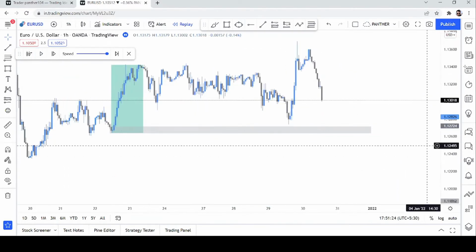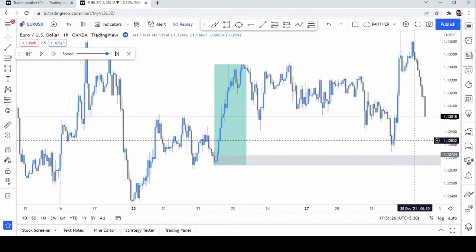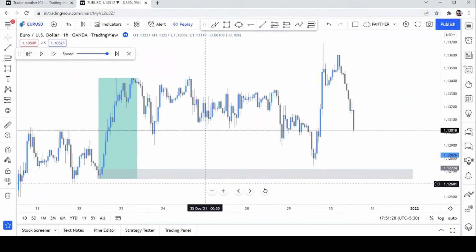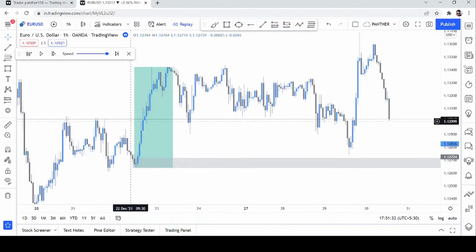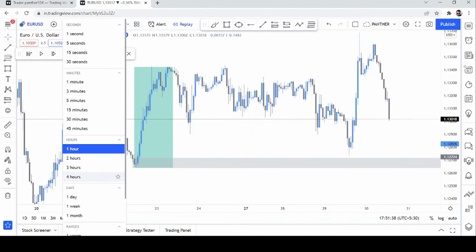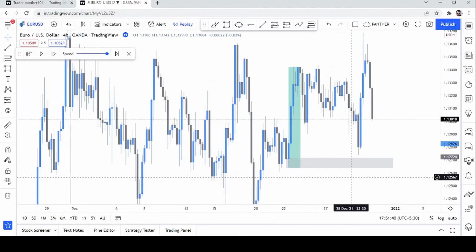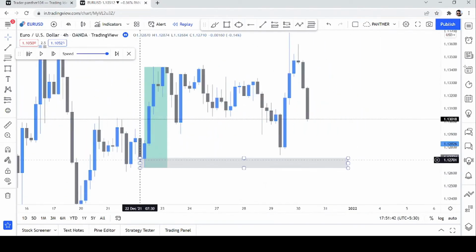Right. So this is one of those situations where it's gonna piss us off. This right here, this whole area, is an order block. If you move to maybe 4 hour, you might see. Let me just show you. Yeah, do you see? This is the whole.